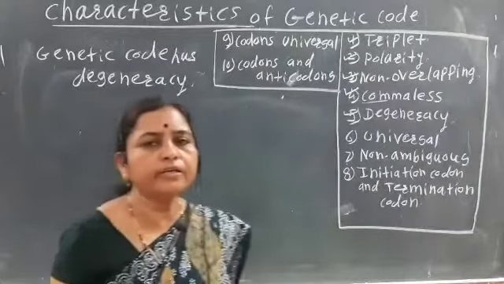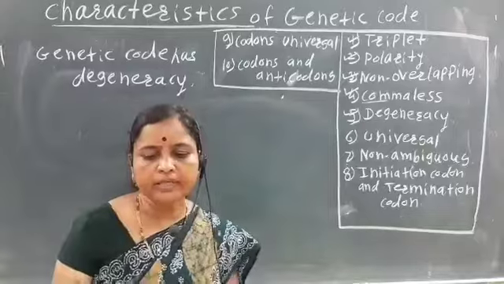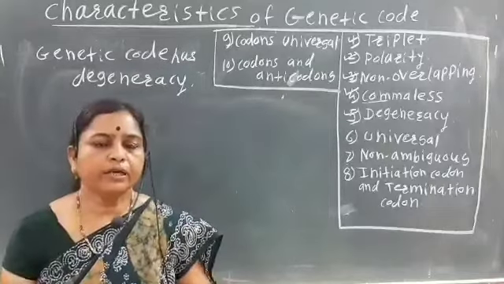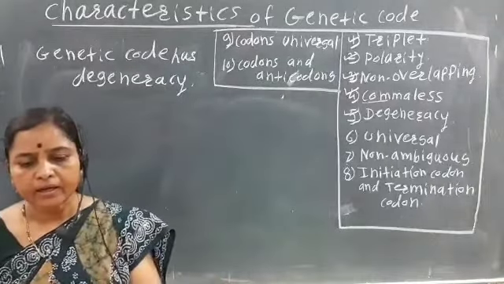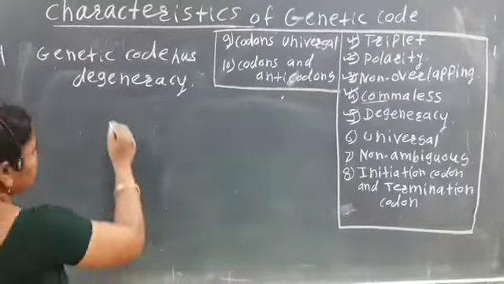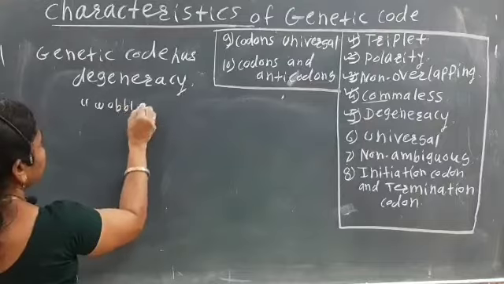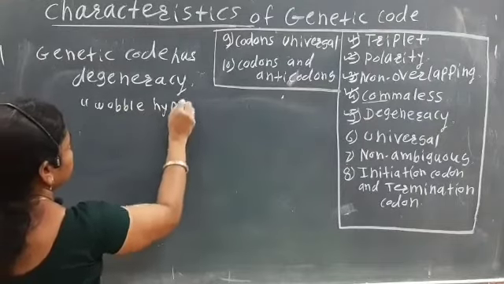Genetic code has degeneracy, and it can be explained with the help of the Wobble hypothesis.